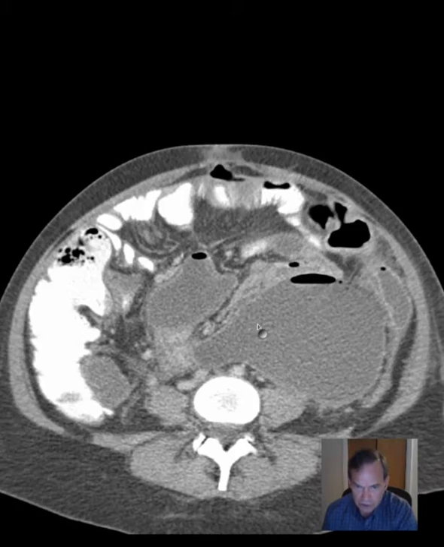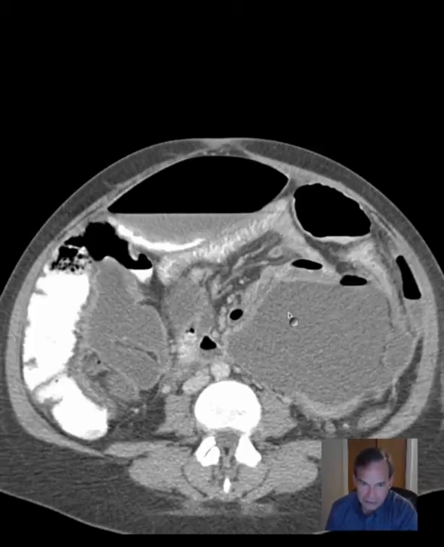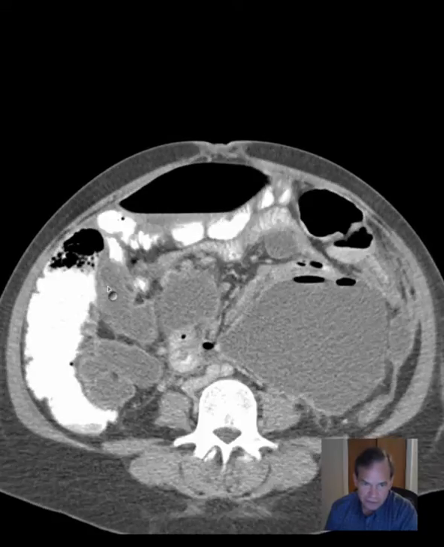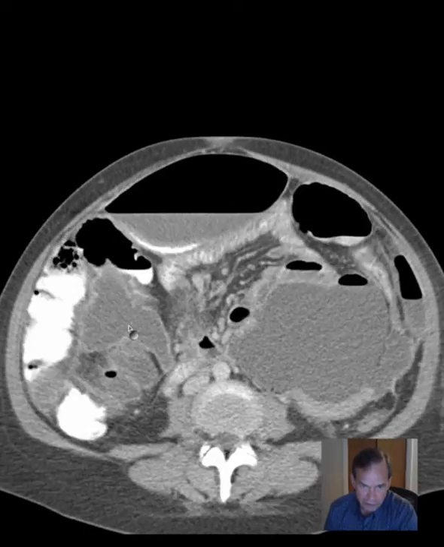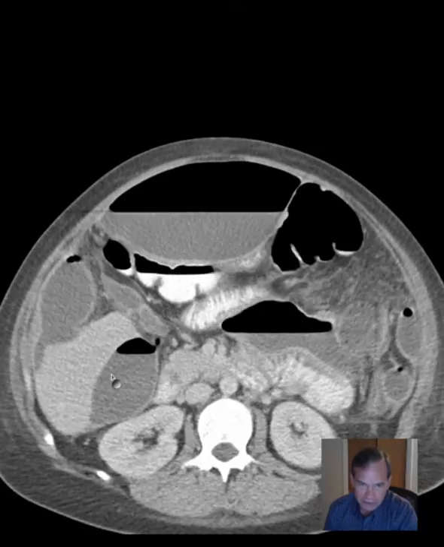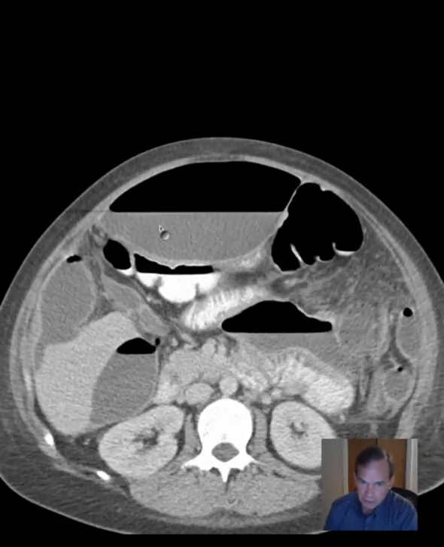This is a large collection here of fluid with air, also indicating an abscess cavity. Here's something that kind of has a bowel-like configuration, but it's not bowel. We've already identified bowel along its entire length. And so this is an irregular fluid collection with a small amount of air, and that's another abscess cavity. Here we have an abscess cavity that is impressing upon the transverse colon, but this is an abscess cavity here.